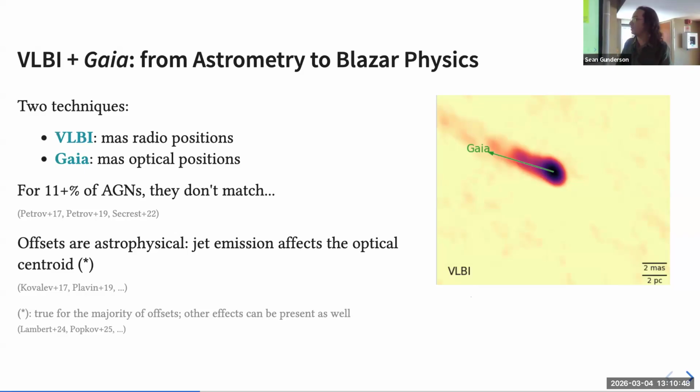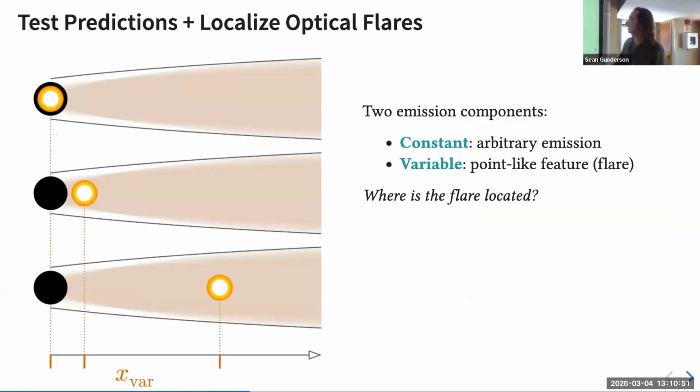But we also want to go to variability. Basically, the overall setup that is feasible to distinguish with astrometry data is to take this simplifying assumption. In optical wavelengths, you have emission consisting of two components. One is this arbitrary constant emission that is your overall jet, which is several kiloparsecs long at least, or maybe even longer.